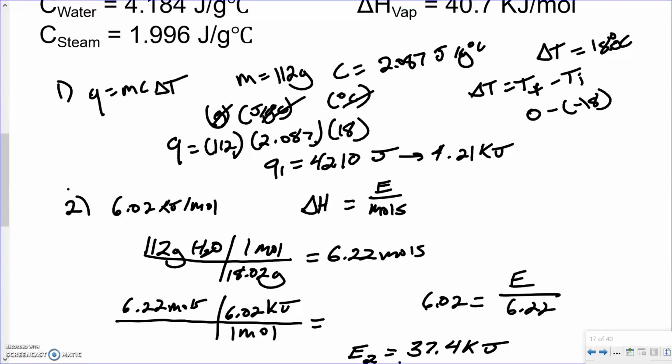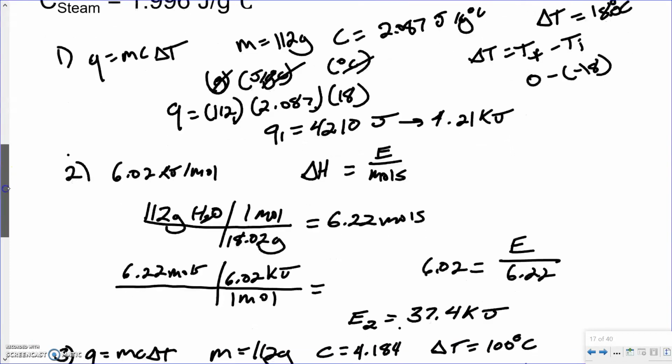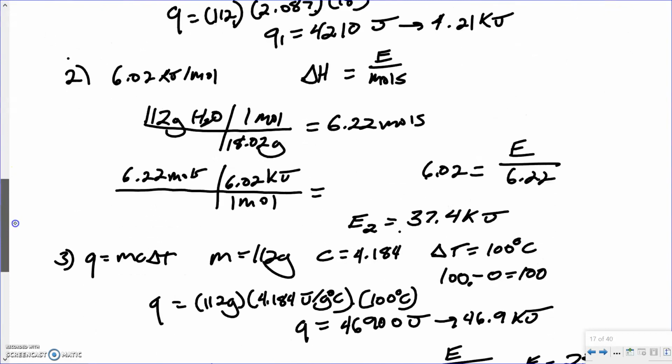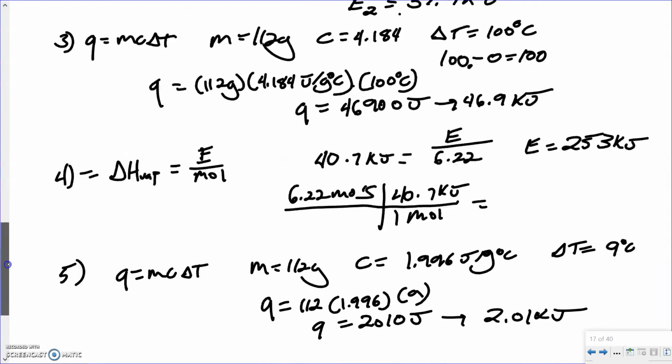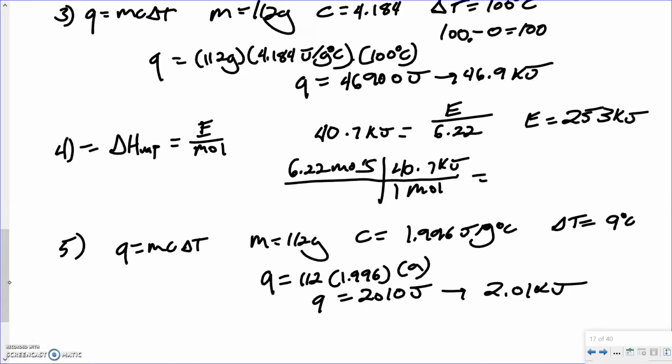We have 4.21, plus we have our 37.4, and this is why they have to be all in the same unit. I put them all in kilojoules. You can put them all in joules. Either way works. Plus our 46.9, our 253, and last but not least, our 2.01.